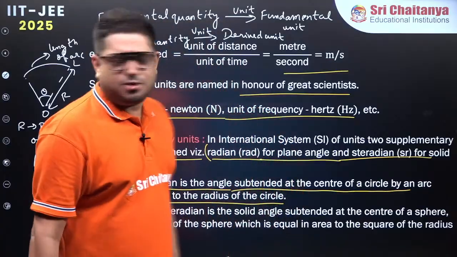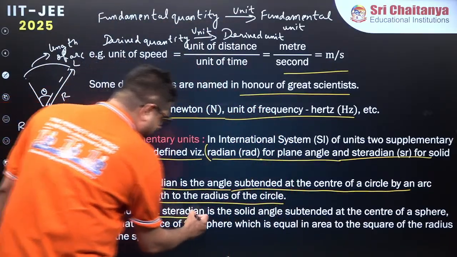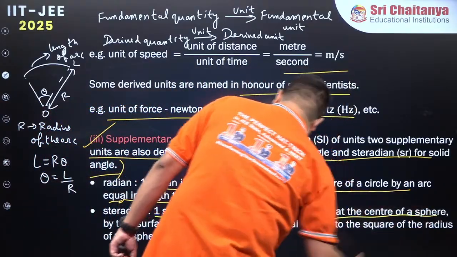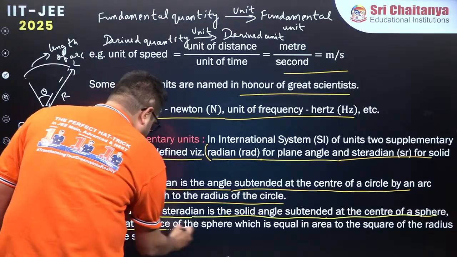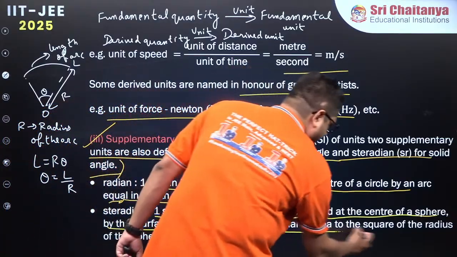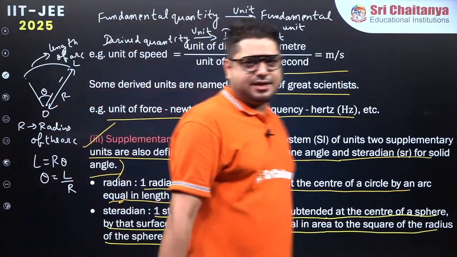So what is steradian? One steradian is the solid angle subtended at the center of a sphere by that surface of the sphere which is equal in area to the square of the radius of the sphere. That's what they are trying to say.